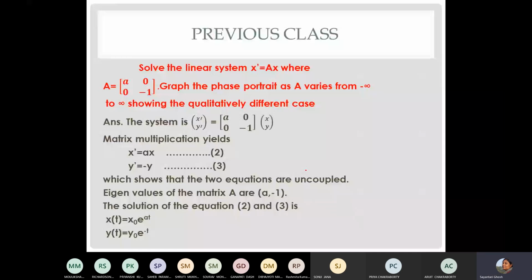Okay, so this particular example that we took was obviously simple because the coupling was not there, if I think about it physically, in terms of nonlinear systems, there was no coupling. But in terms of mathematics, the matrix was simple because it was already diagonalized.